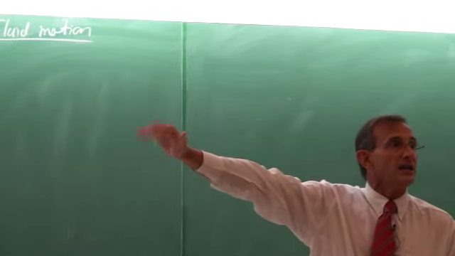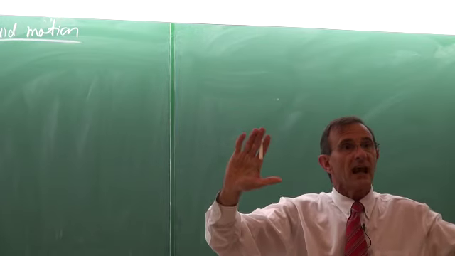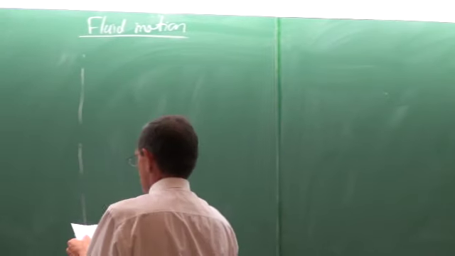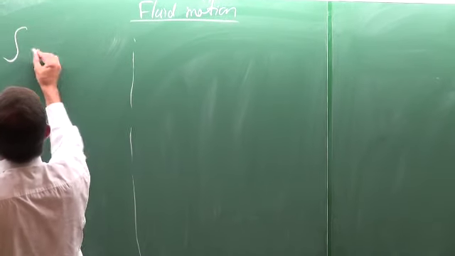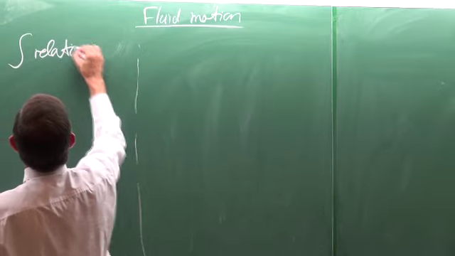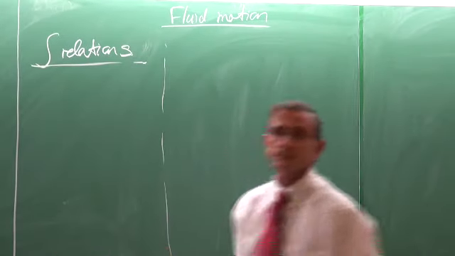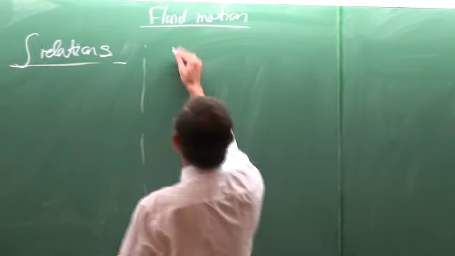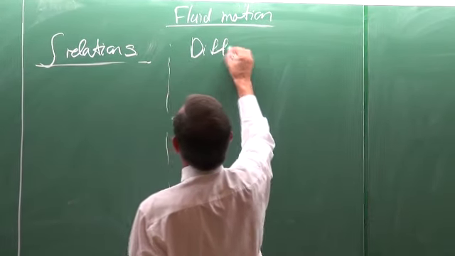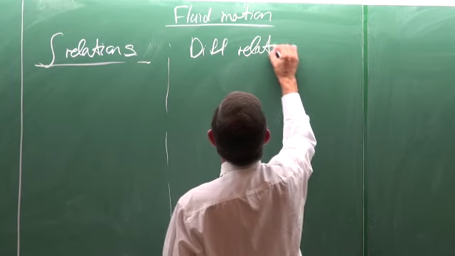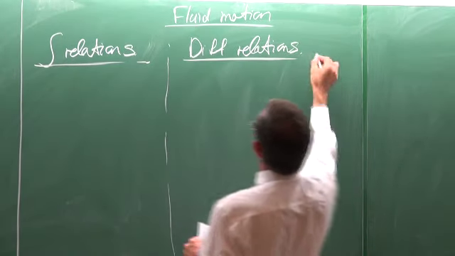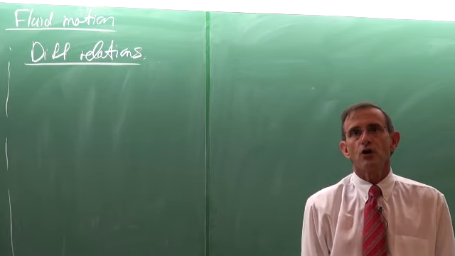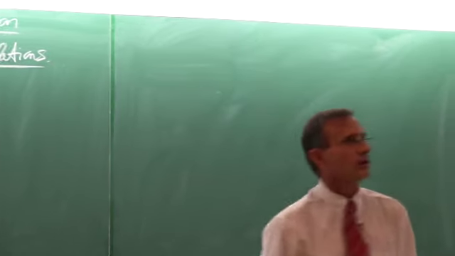You would have maybe realized that there are two approaches that can be used to solve fluid motion types of problems. The one is with so-called integral relations, and the other approach is to use differential relations or equations. Now, when do we use an integral approach and when do we use a differential approach?